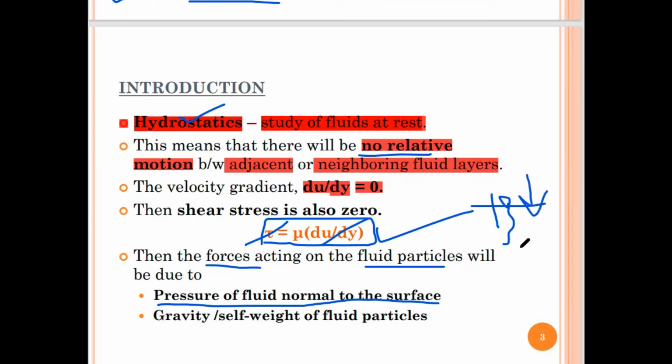Normal means perpendicular to the surface. Because of this pressure which acts on the surface, a force develops, which is called the pressure force. Similarly, the other force which acts on the fluid particle is the gravity or self weight of the fluid. So one is the pressure force, the other one is the self weight of the fluid. Those are the two forces which act on the fluid.